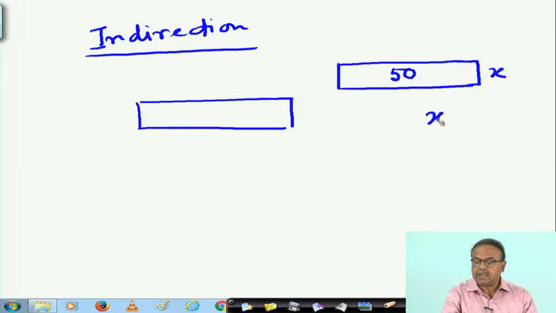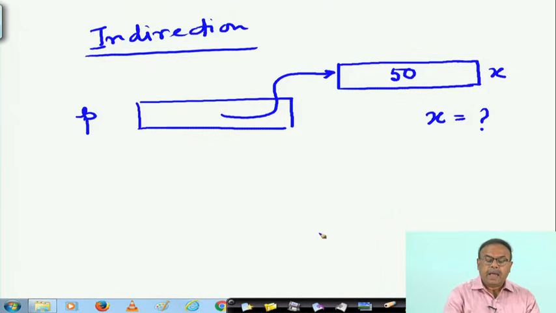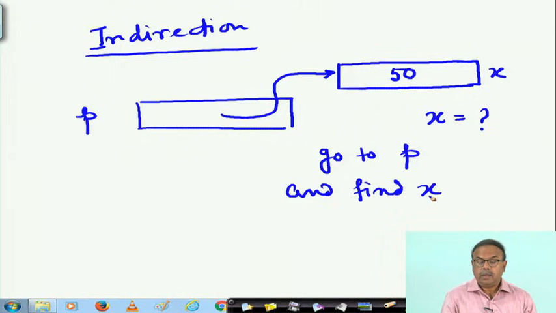What is x? That is my question, and instead of answering that, I am giving you a pointer to x, and I am saying, okay, I give you the answer: go to P and find x, right.